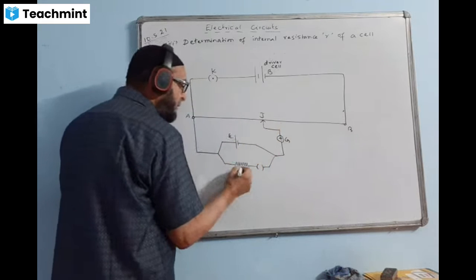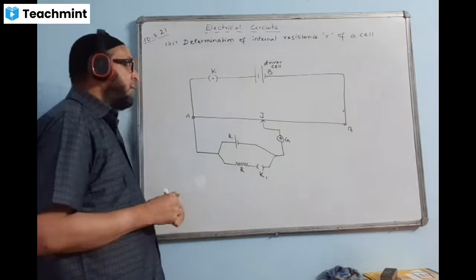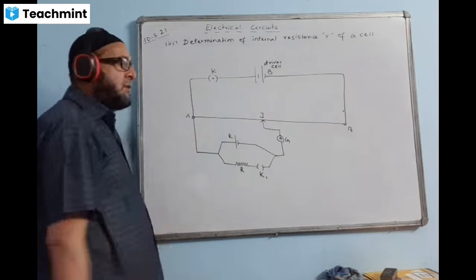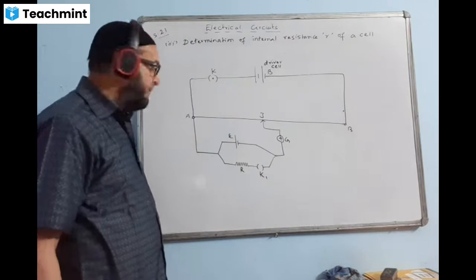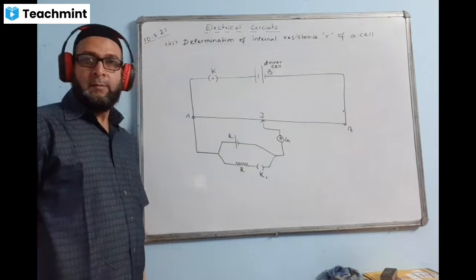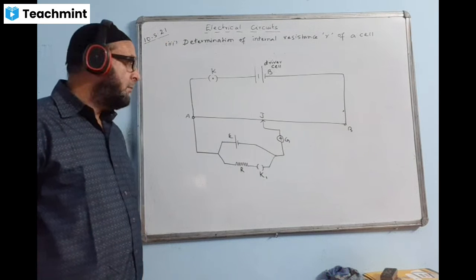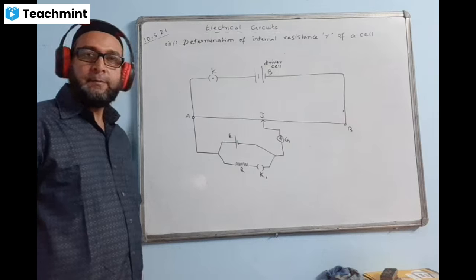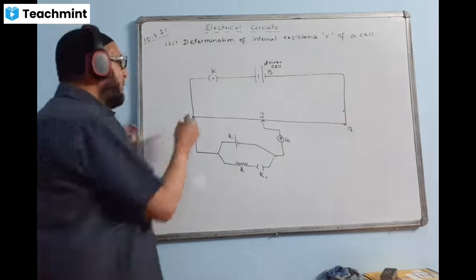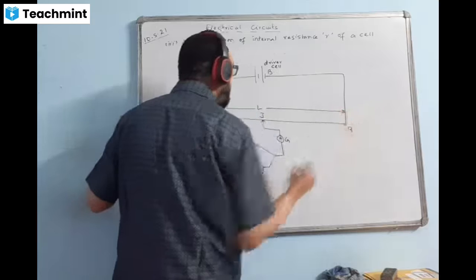This is EMF E, this is R, this is K1. This key is K, which is always kept closed. And the total length of the wire is capital L.